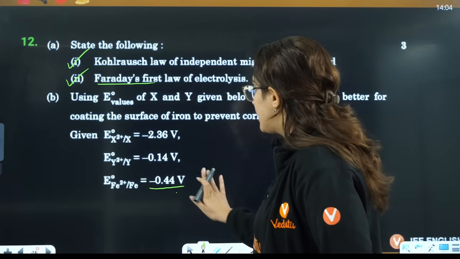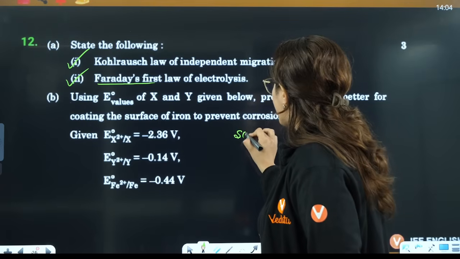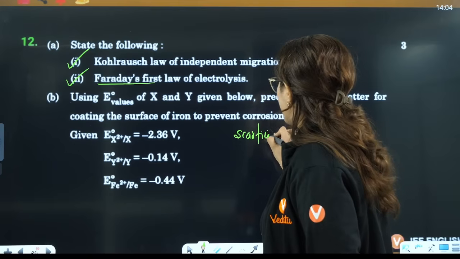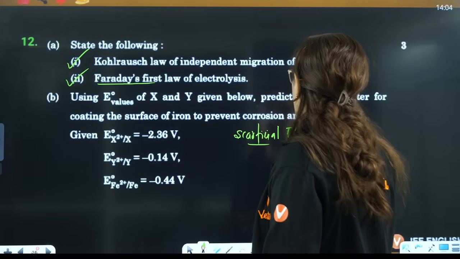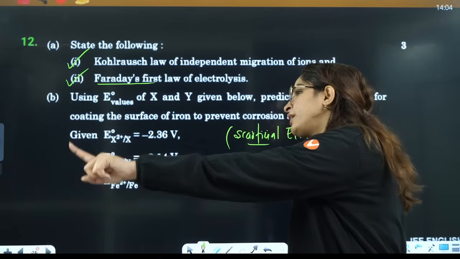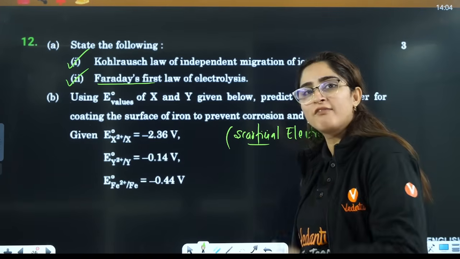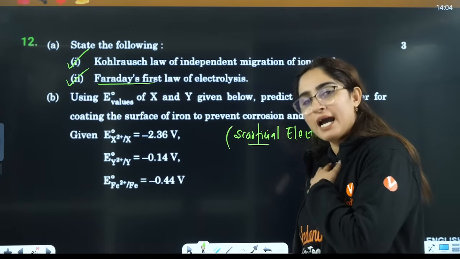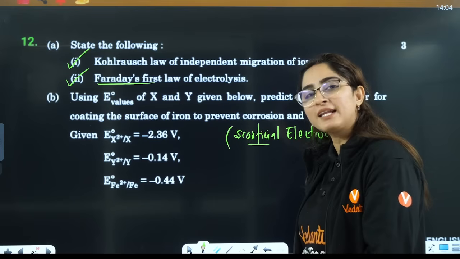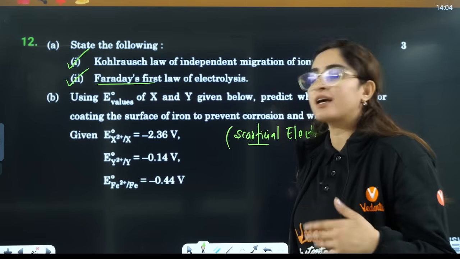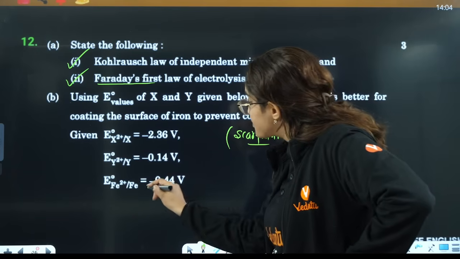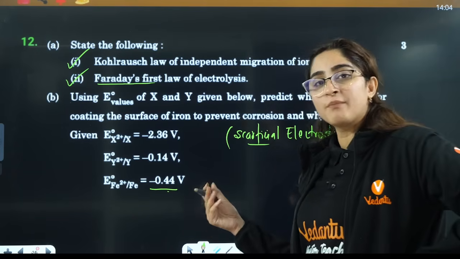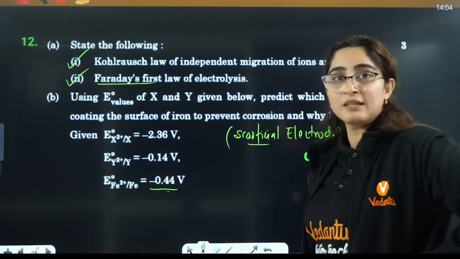So here I need a sacrificial one, the one that is ready to sacrifice. That is like, bro, don't reduce yourself, I will do that for you. So I need someone who can sacrifice for this iron. So if this iron is minus 0.44, I need something which has an even lower value than that.